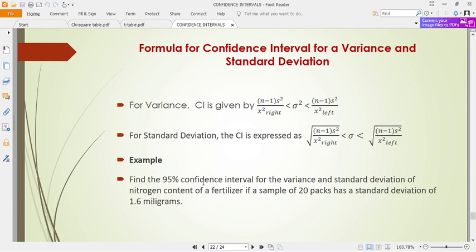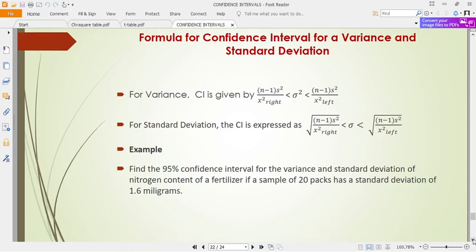So for example, find the 95% confidence interval for the variance and the standard deviation of nitrogen content of a fertilizer if a sample of 20 parts has a standard deviation of 1.6 milligrams. So here they have not given us the mean, so we can only use what is given, which is a standard deviation.